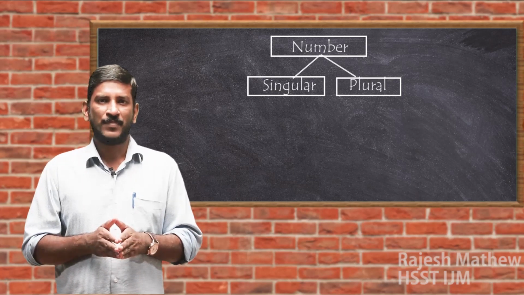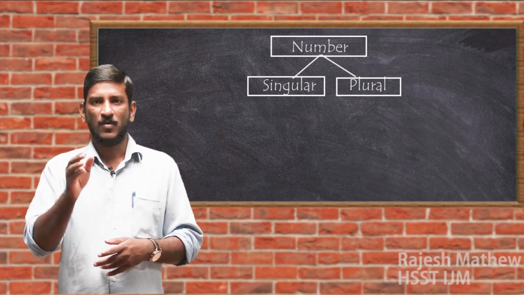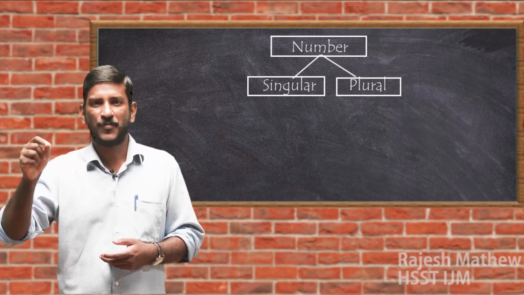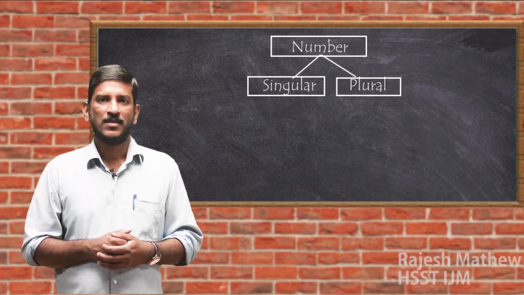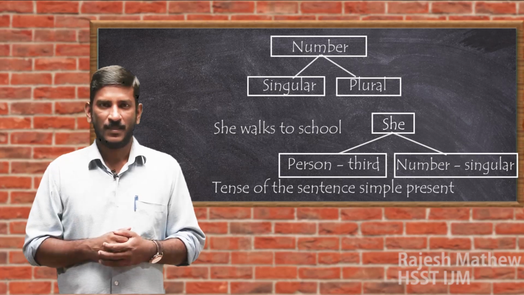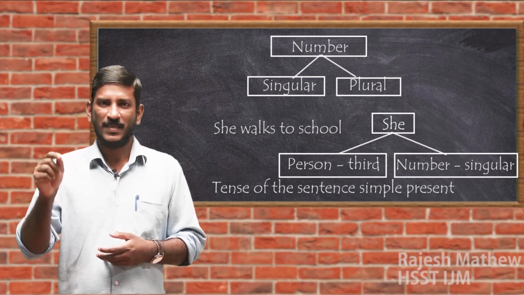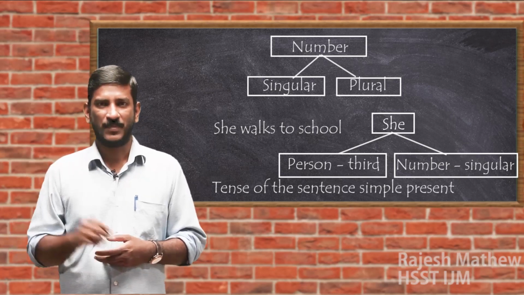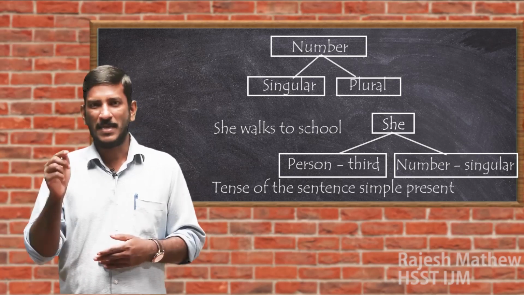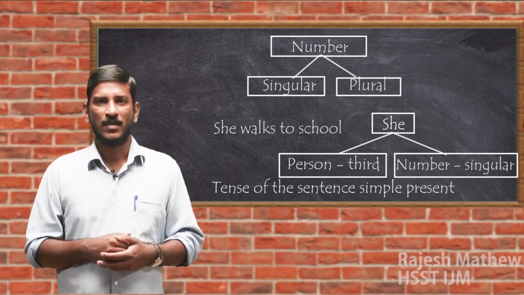Let us examine a finite verb with an example of a sentence. She walks to school. What about the person? The person of the subject is third person. She is third person. Then what about the number? Number is singular.